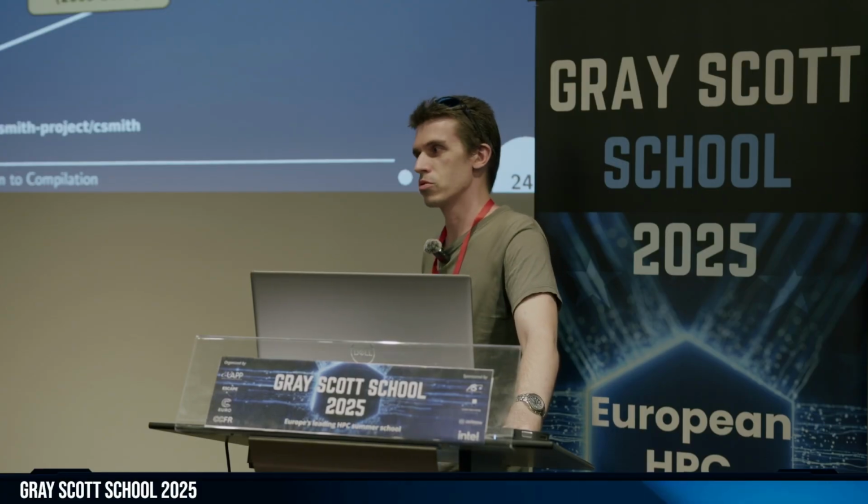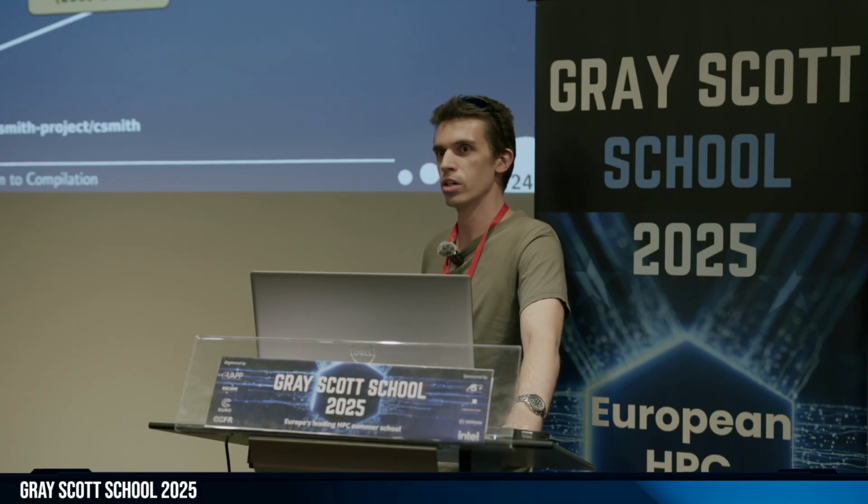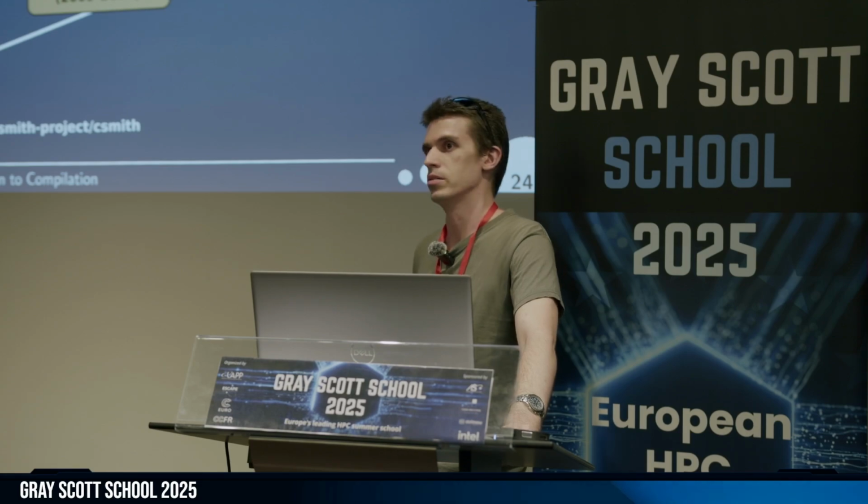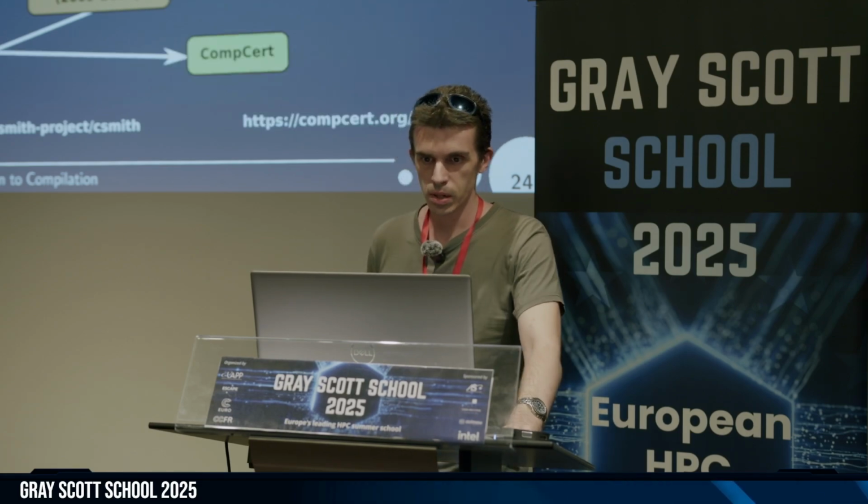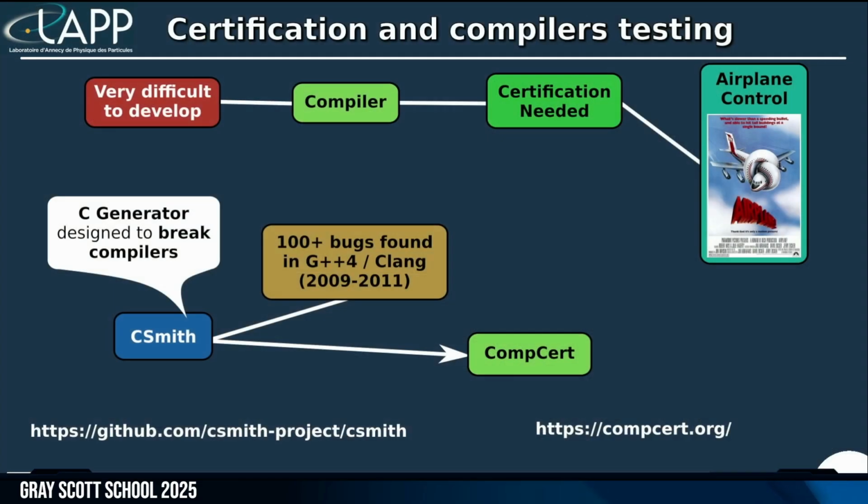The second part of the story is the same team said, okay, it's nice to break a compiler, but let's build one. And they built CompCert, which is a certified compiler. And when I say certified compiler, it's based on a mathematical theorem. So it's really elegant math behind it.